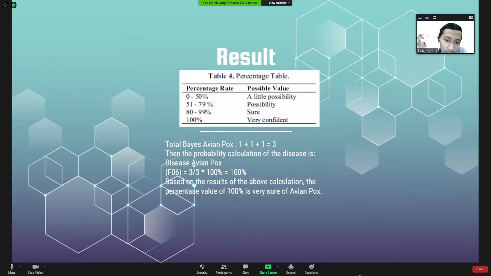So the result is 100%. That means in the result from the image above, it's very confident, very sure of avian pox. Next.